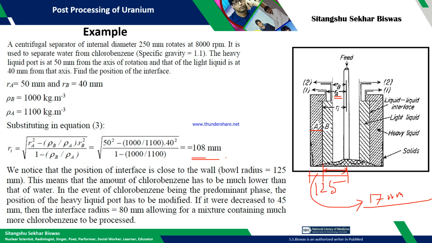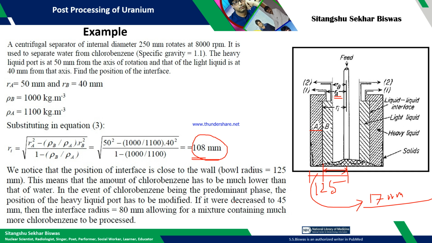So what is to be done in such a case? The interface radius Ri is to be reduced. Because rho A and rho B are constant, you have to either increase RB or reduce RA. That is when you need to vary the port distance from the axis of rotation.